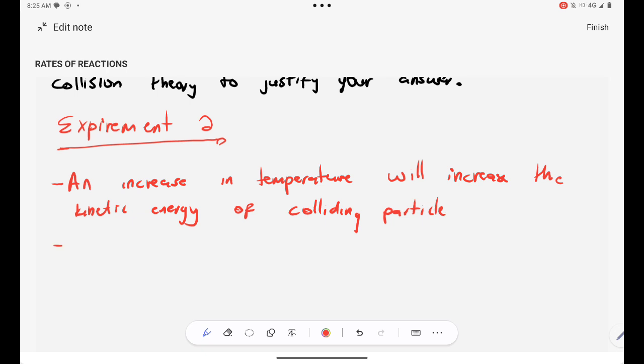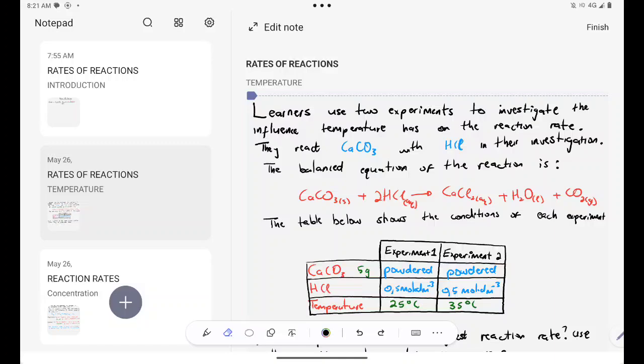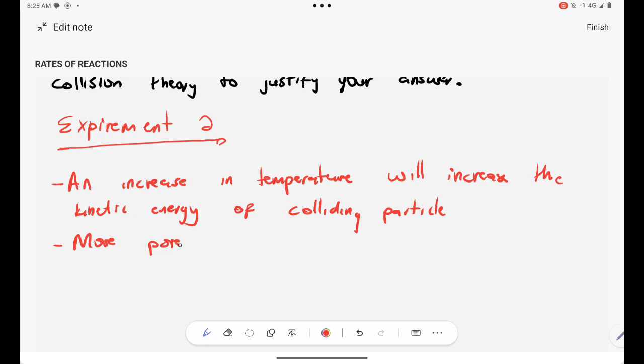So whenever we increase the energy of colliding particles, it simply means that now more colliding particles will have kinetic energy which is greater than the activation energy.